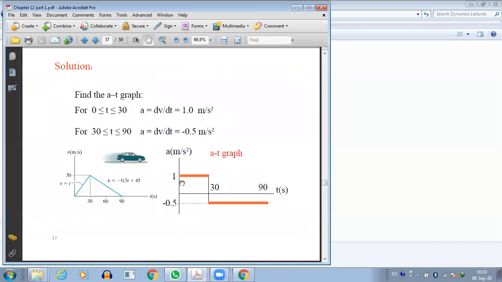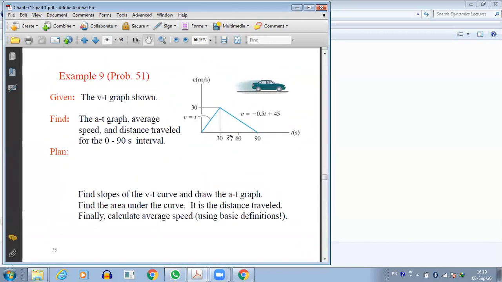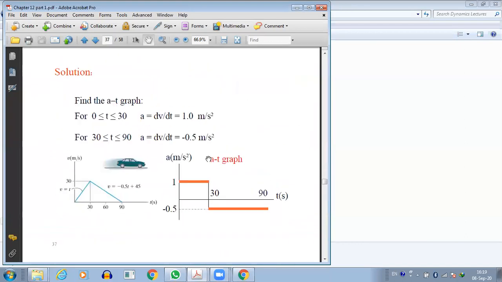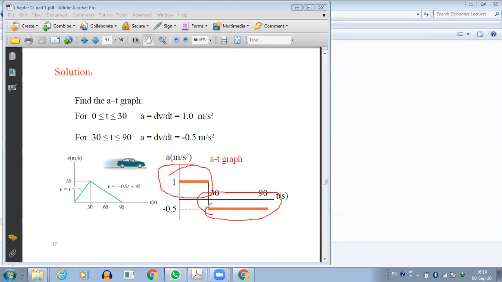You see here, from 0 to 30 seconds it's 1, then from 30 to 90 seconds it's negative 0.5. Is it clear? So one part of the question is done, where you need the AT graph using the VT graph.